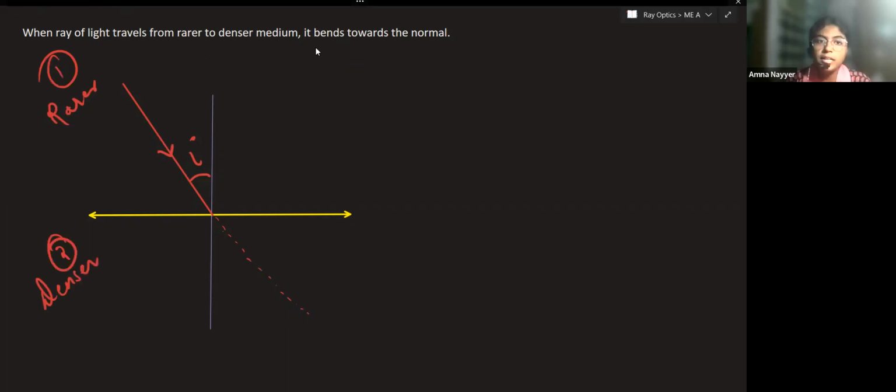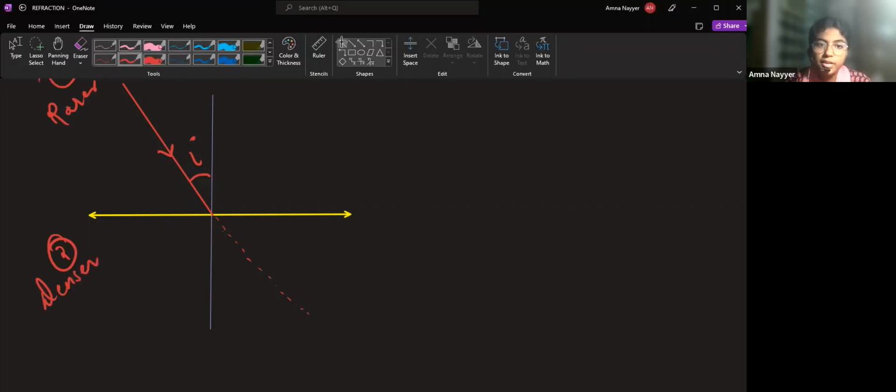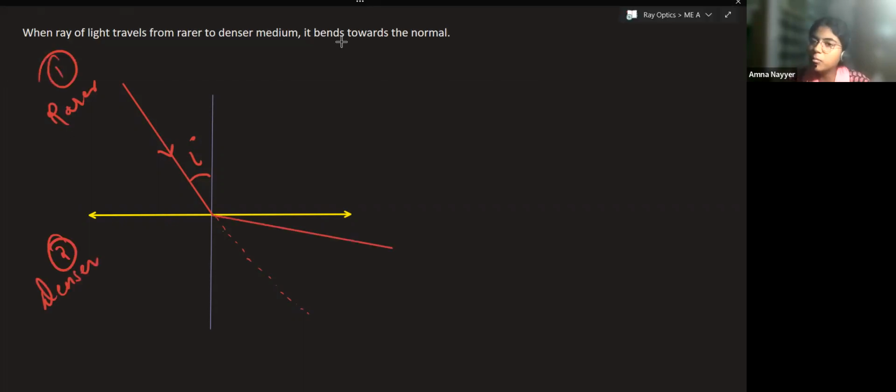If I draw it like this, it will be away from the normal. So if I draw it like this, it goes towards the normal, and here you get your angle of refraction. First tell me, is this point clear? How I have drawn this? If it had been away from the normal, I would have drawn it here. Since it is towards the normal, that's why it is drawn here.